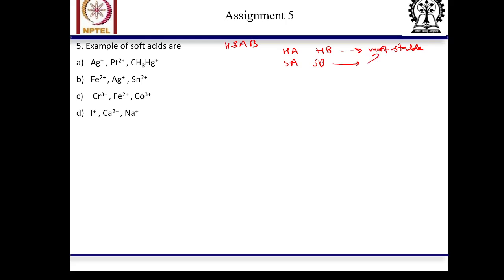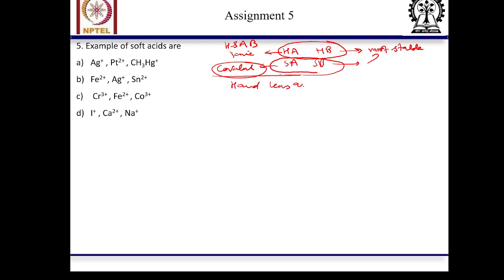Now, hard will be more ionic in nature and soft will be more covalent in nature. So the stability in soft comes from the covalent character and the stability from hard acid and hard base comes from the ionic character. Now, what are the properties of a hard Lewis acid?